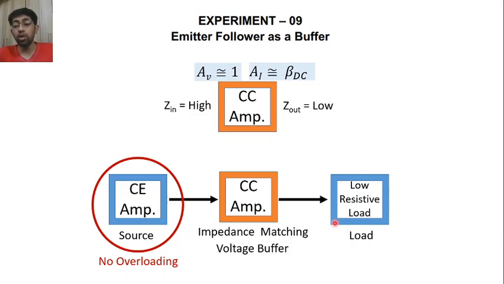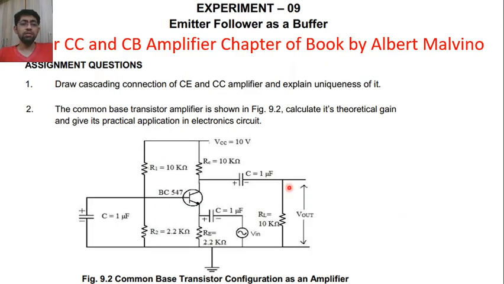In the assignment questions you are asked to draw the cascading connections of CE and CC amplifier, which you can find in the CC and CB amplifier chapter of the book by Albert Malvino. And yes, you get some overview of the cascaded connection of CE and CC amplifier.